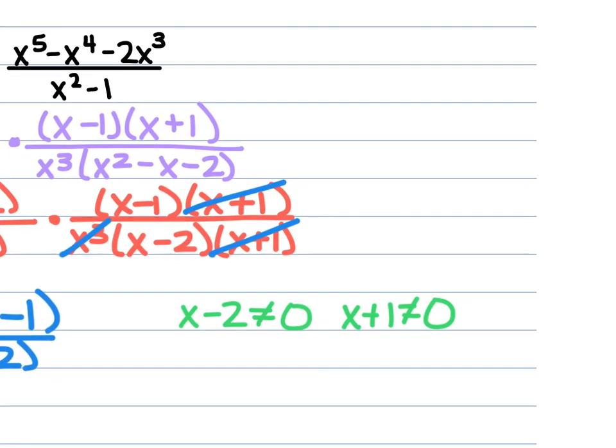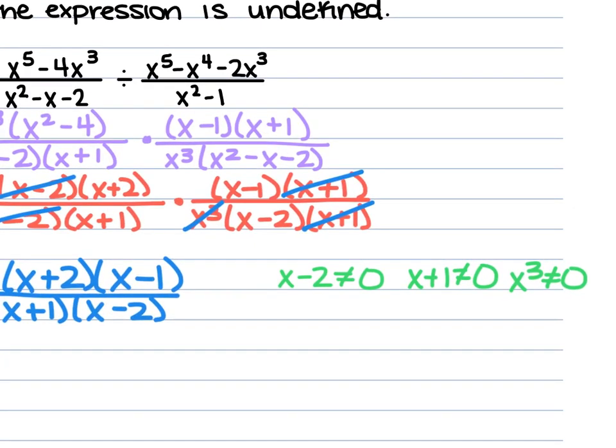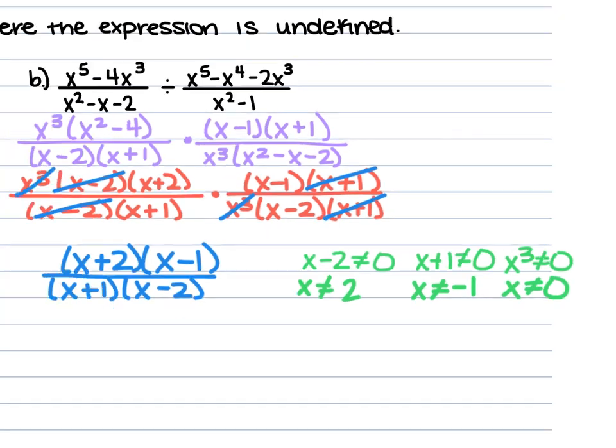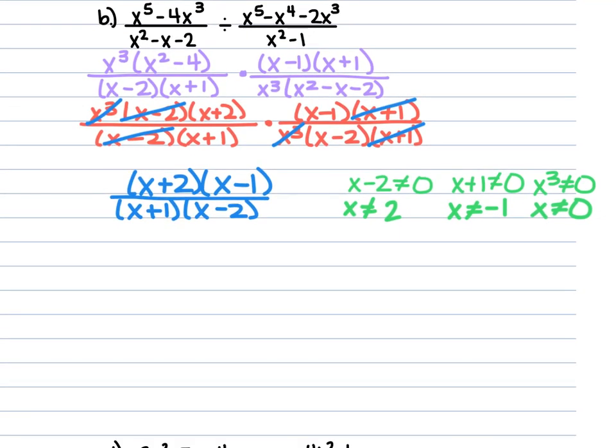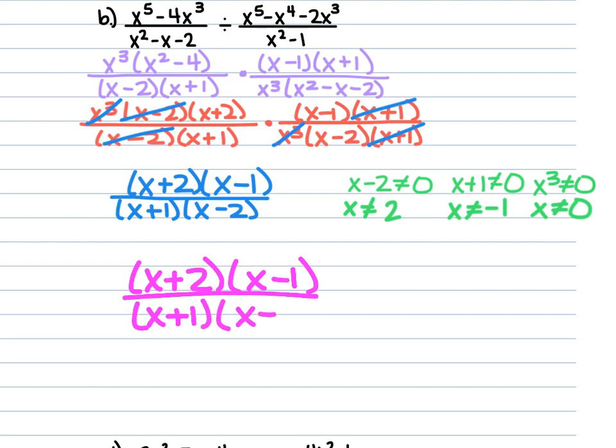I already have an x minus 2, I got to do that x cubed cannot equal 0, and then the x plus 1 I have as well. Alrighty, so I'm going to see that x cannot equal positive 2, x cannot equal negative 1, and x cannot equal 0. So my solution to this one is going to be x plus 2 times x minus 1 over x plus 1 times x minus 2, where x cannot equal negative 1, 0, or 2.